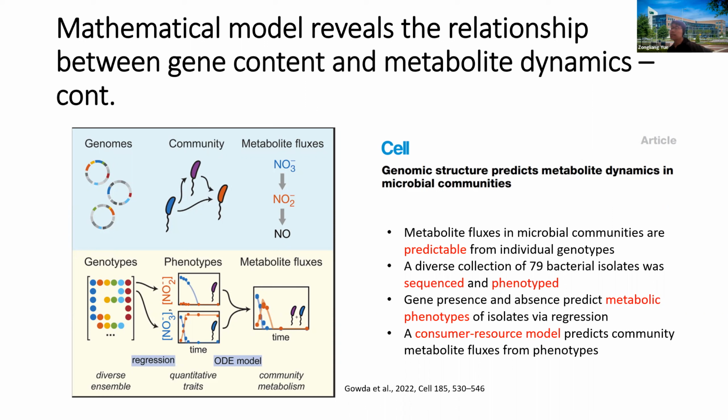The key discovery of this paper is that they can use individual genotypes to predict the metabolic fluxes in microbiome communities. Specifically in this study, they brought up 79 bacterial isolates and sequenced phenotypes, and did this metabolite phenotyping while also observing gene presence and absence. And finally, they can use a consumer resource model to predict community metabolite fluxes from the phenotypes.